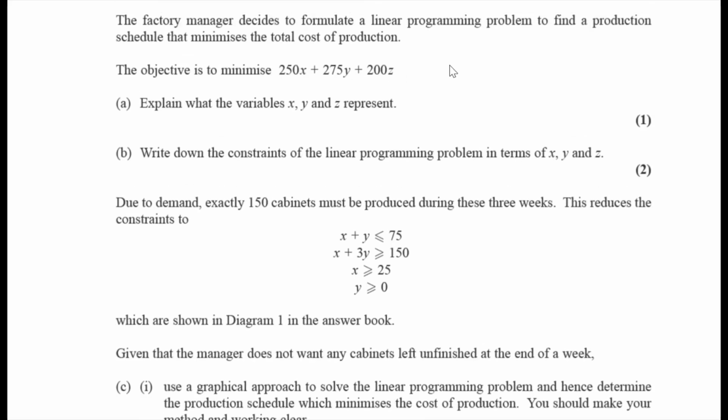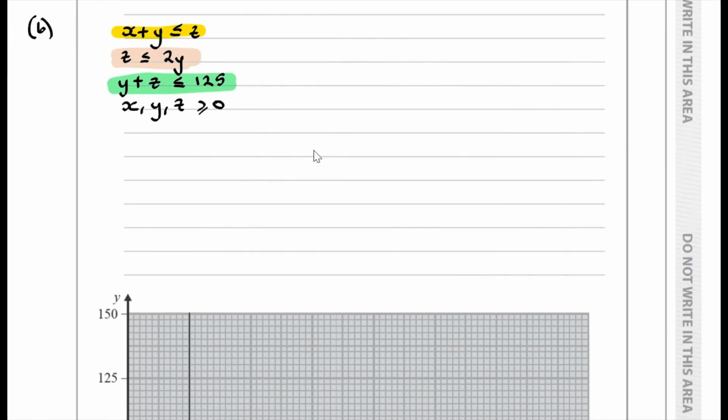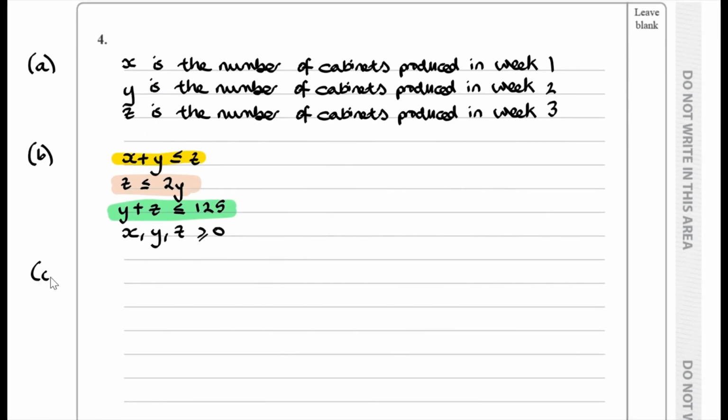Now we've got our objective function. We'll call that equation 1. Let's just write that down here somewhere. We've got P equals 250x plus 275y plus 200z.